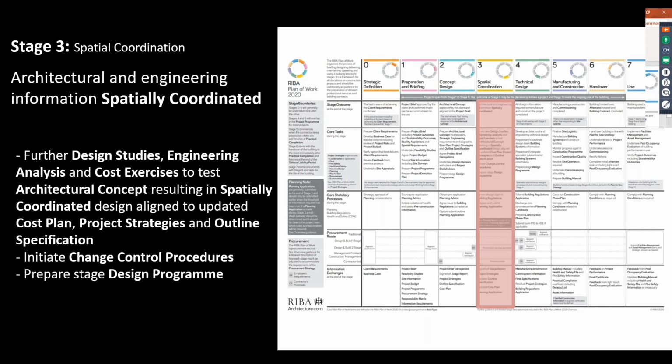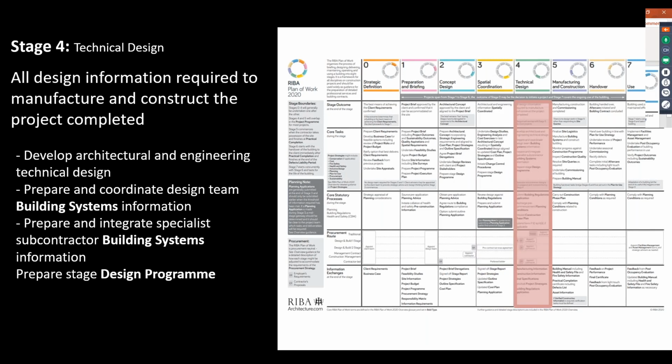Now, the technical design at stage 4 is really simple. It's all the information required to manufacture and construct the project and the completion of this information. Now, just recapping on a key misreading of the last plan of work is the crucial relationship between stage 4 and stage 5.